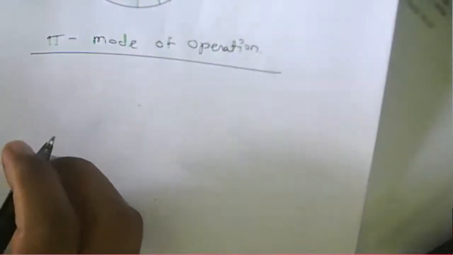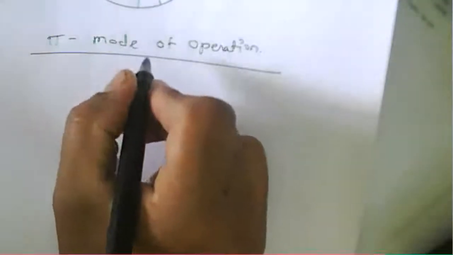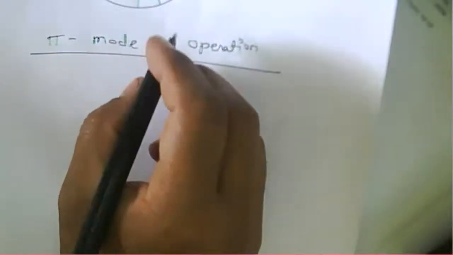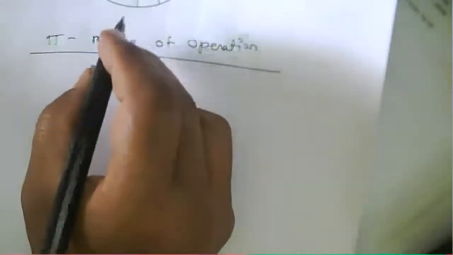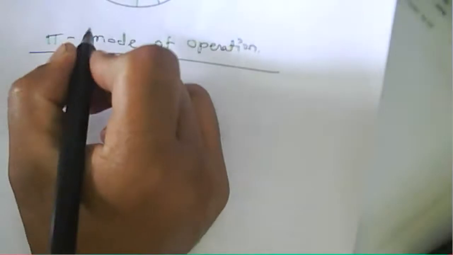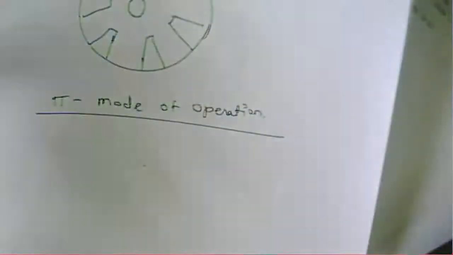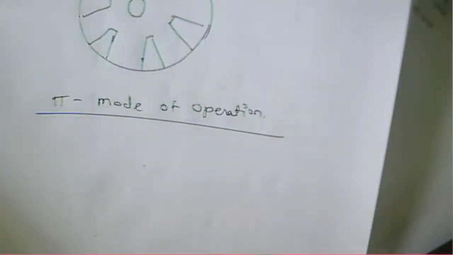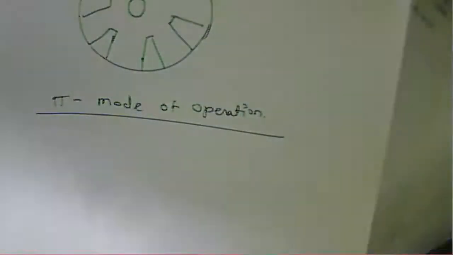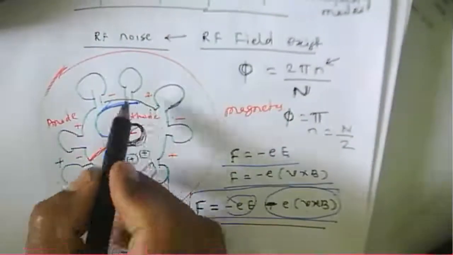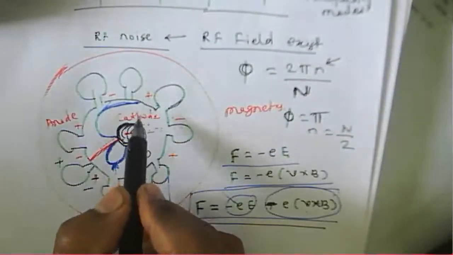But generally, to obtain the π mode of operation is difficult. Why is it difficult? Because for every alternating cavity, maximum excitation is possible.